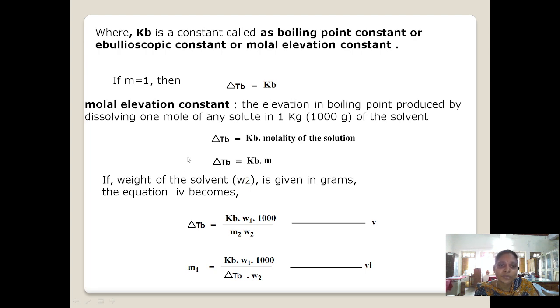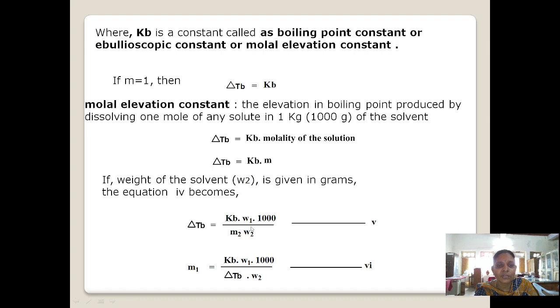If the elevation in boiling point is produced by dissolving 1 mole of any solute in 1 kg or 1000 grams of the solvent, then delta TB equals Kb into M, where M refers to molality. So this is the relationship between delta TB, the elevation in boiling point, and molality.